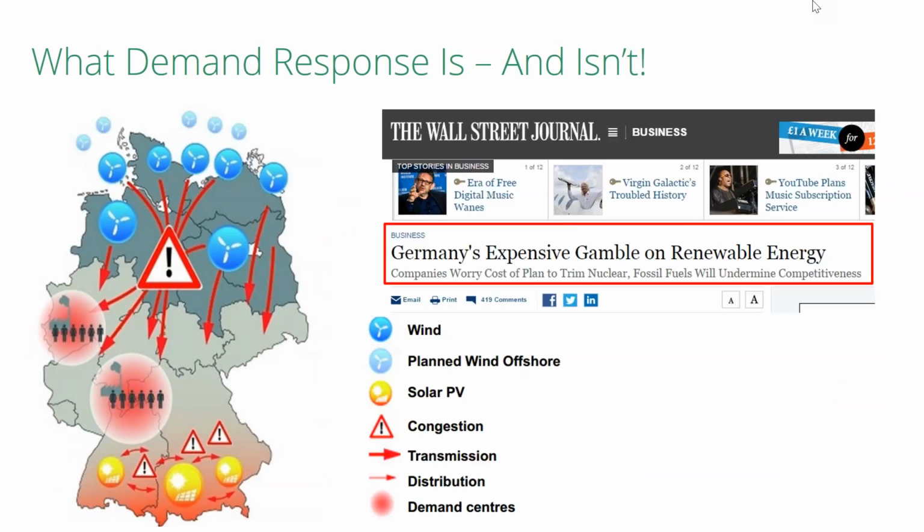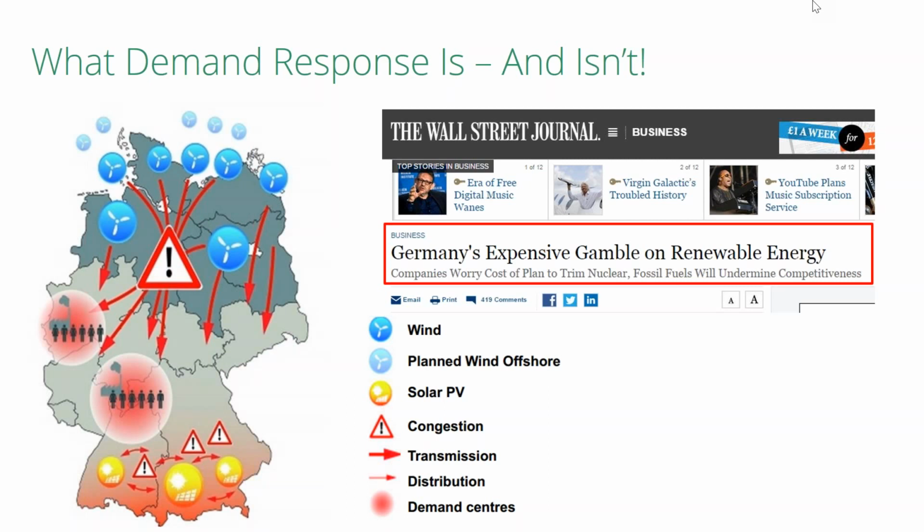But well, what's the problem they have? Now that the nuclear power plants are shut down, the power flow comes from north to the south, where the main consumption is. So the transmission grid, at some points, is quite collapsed and quite congested. Right.